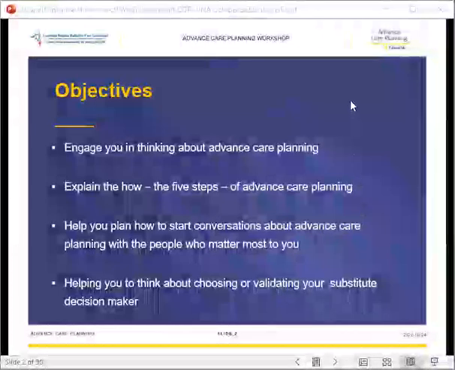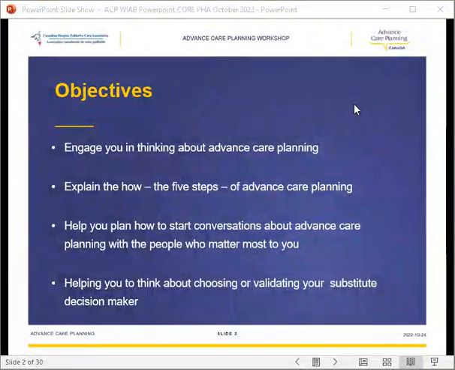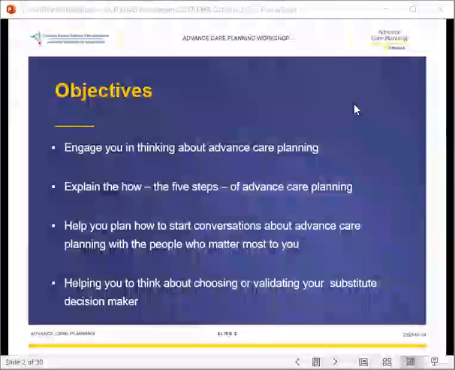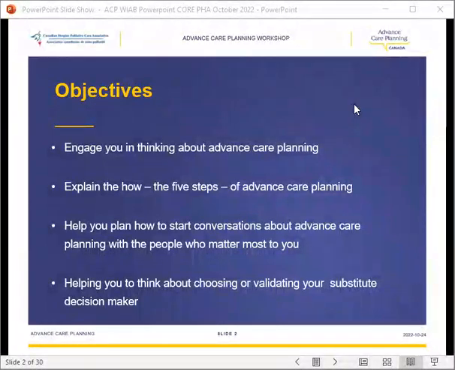So part of our objectives is to hopefully engage you in thinking about advanced care planning, explain the 5 steps of advanced care planning and get into more details, and hopefully to help you to plan to start some of those conversations with the people that matter to you, as well as your healthcare providers, and as well helping you to identify or validate or choose your particular substitute decision maker.